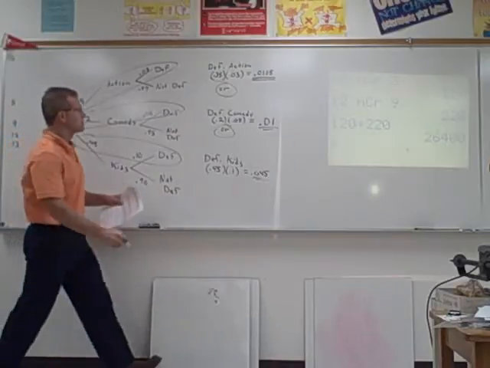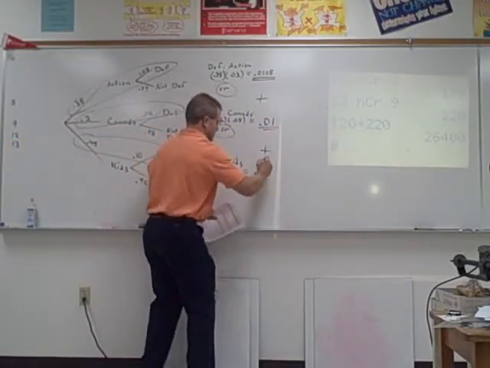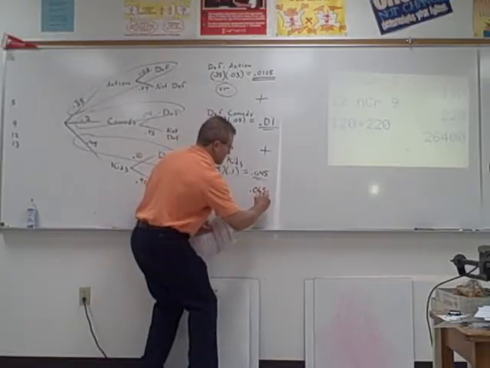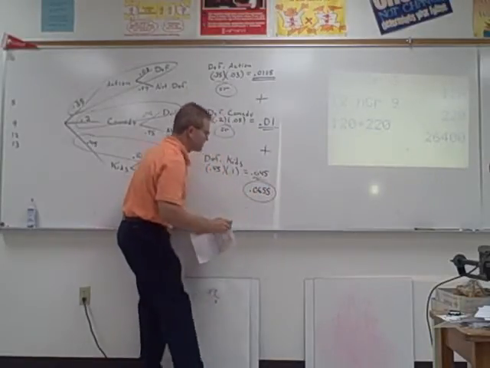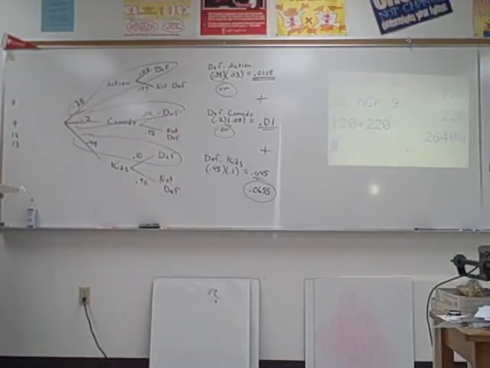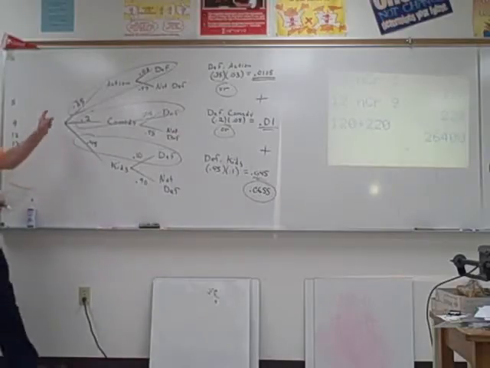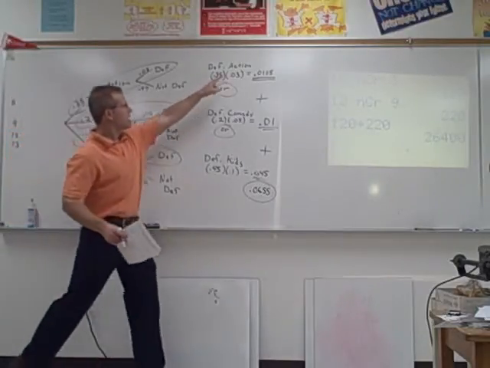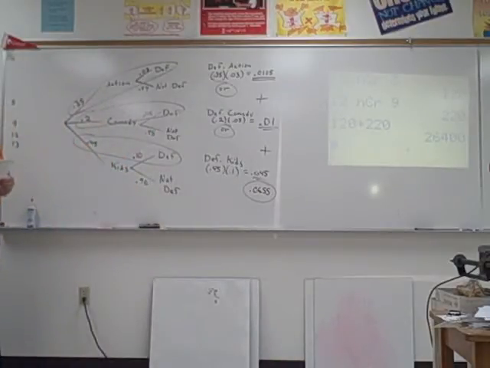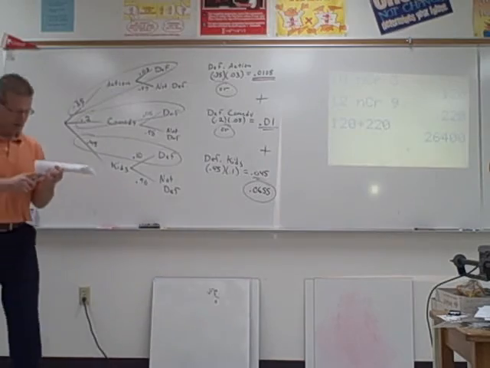And then you add those three answers together, you get a total of 0.0655. So about a 6 or 7% chance that you're going to get a defective movie when you rent it from the movie store. So you're multiplying here and adding those three answers to your total. Any questions about that one? That was number 9.